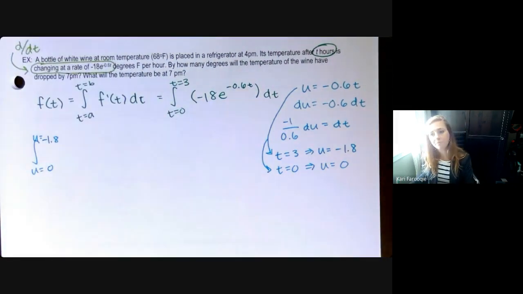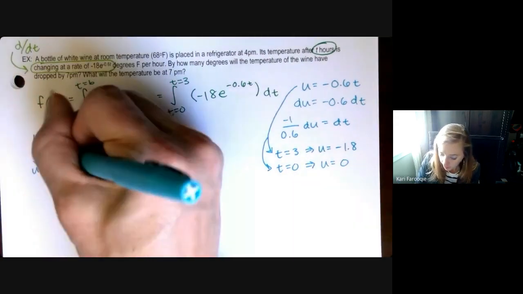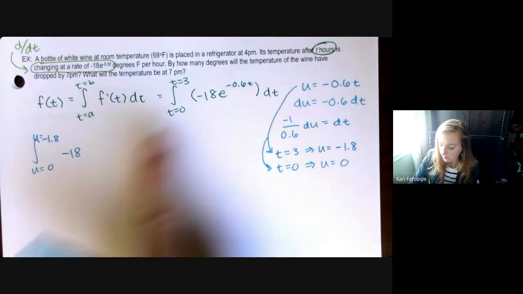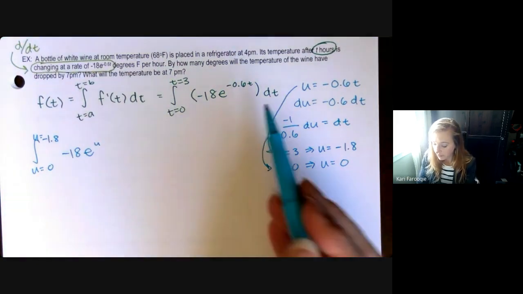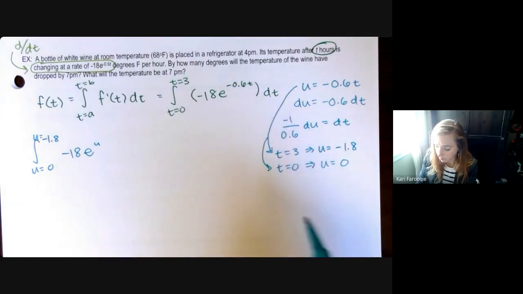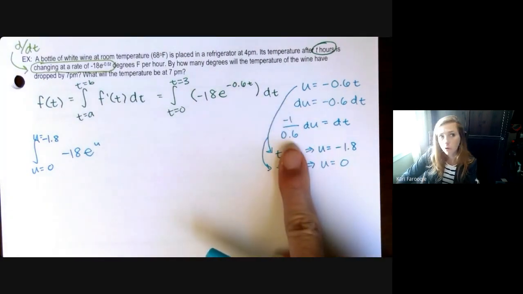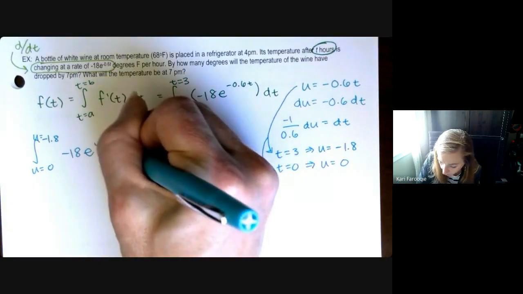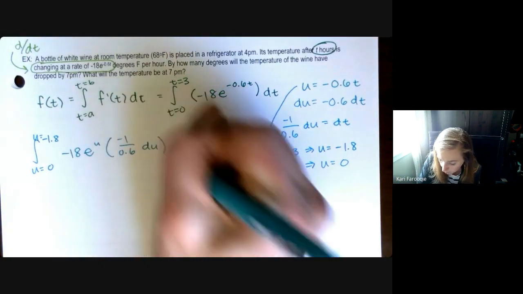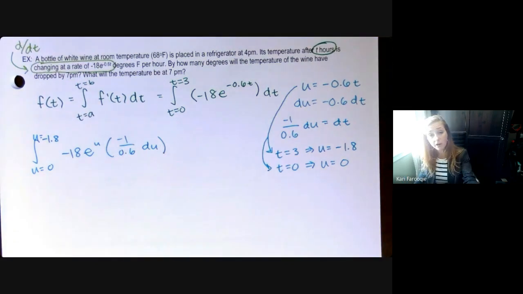So nothing too crazy there. Okay, so I still have a negative 18 inside the integral. I have e to the u, and then my dt was negative 1 divided by 0.6 du. So everything is now accounted for.